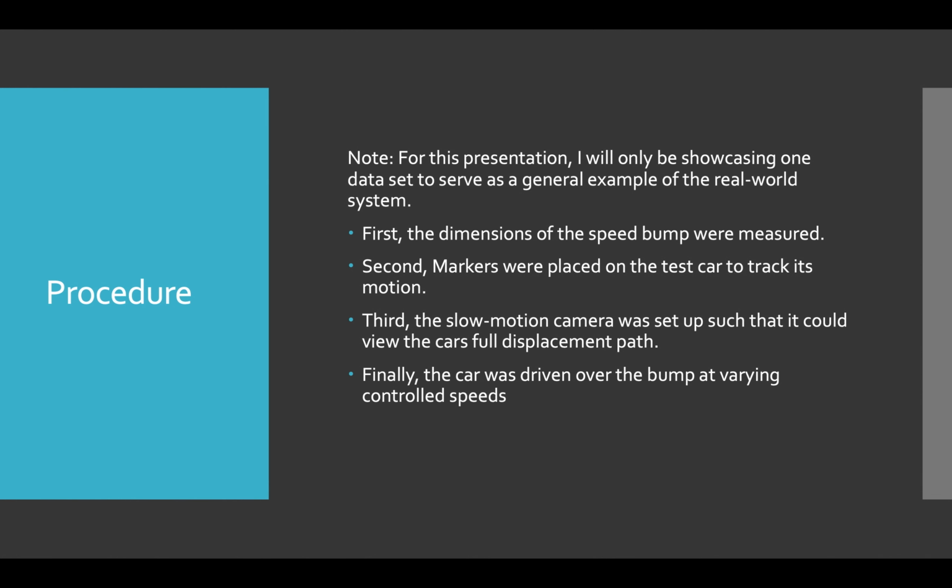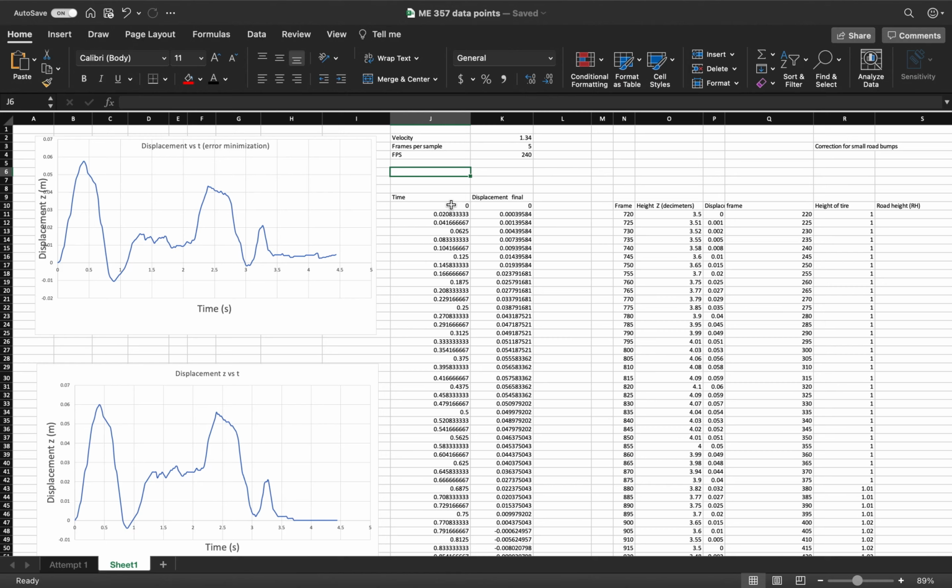Third, the slow motion camera was set up such that it could view the car in its full displacement path. Finally, the car was driven over the bump at varying controlled speeds. A displacement value was measured at every 5 frames. Here, time is calculated using the current frame minus the initial frame divided by the frames per second.